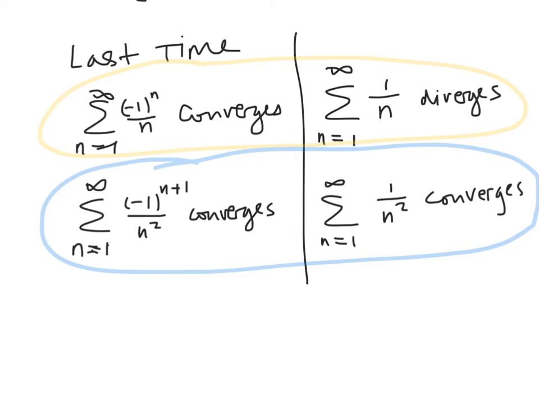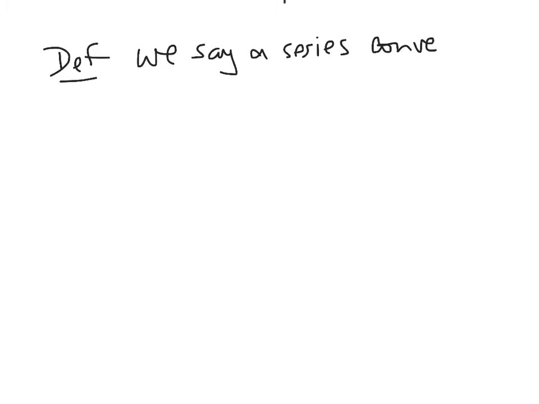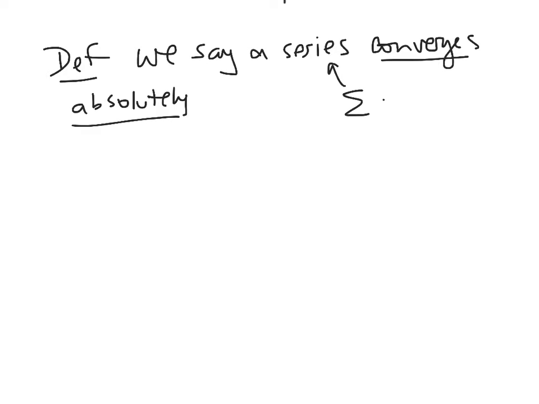This gives us two new definitions that we need to learn about different types of series, and they're called absolute and conditional convergence. So, let's give those definitions now. We say a series converges absolutely, and this is the series, the sum of the a_n, if the sum of the absolute values converges.